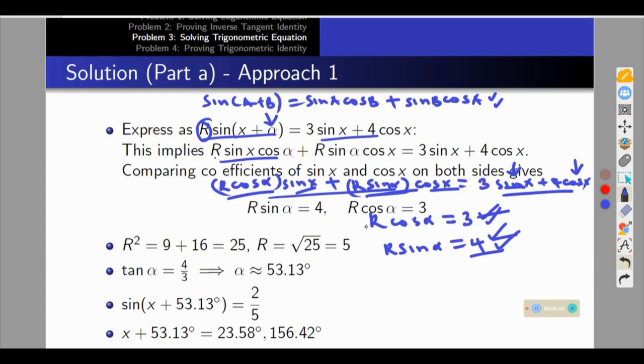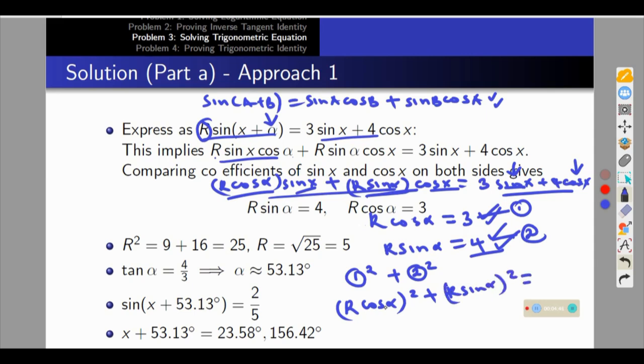If this is our equation 1 and this is our equation 2, we square equation 1 and add equation 2 squared. What shall we get? This is the same as r cos of alpha squared plus r sine of alpha squared, which is the same as 3 squared plus 4 squared.